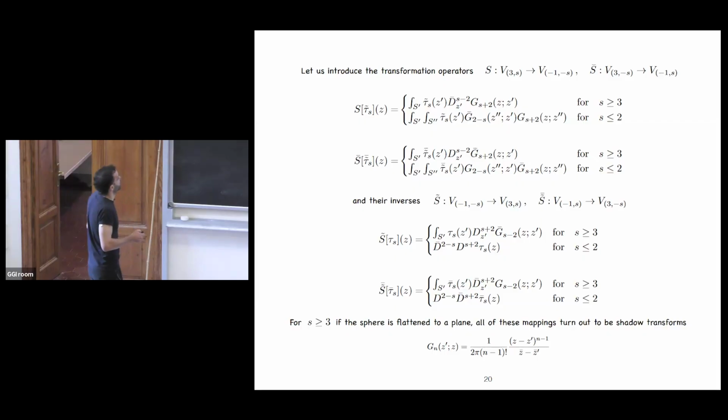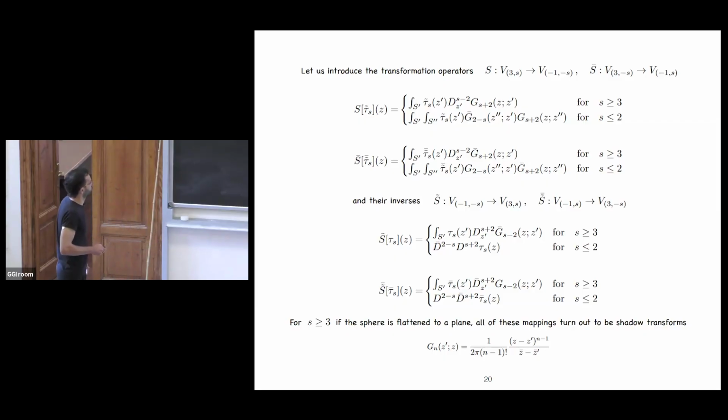So these objects are now nonlocal parameters that you need to introduce, and their inverses as well are useful. Now I flash them, but don't worry, you can derive all of this purely from the diamonds and from the definition of the shadows. These are the relations. You need these maps and the inverse maps.